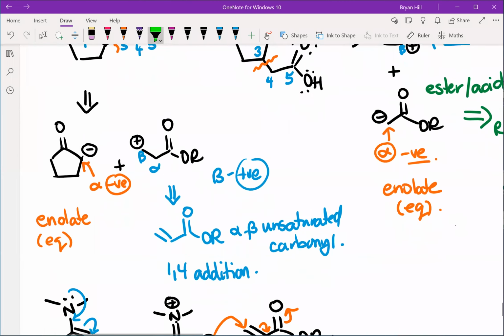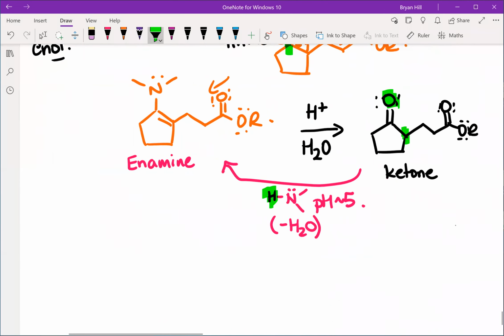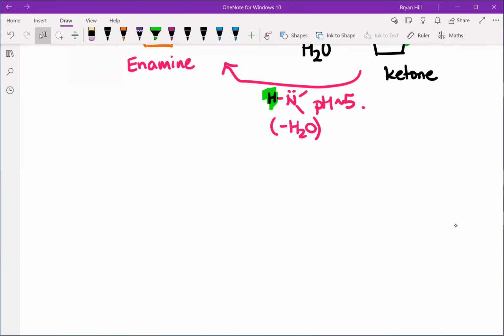That was basically the end of the whole retrosynthesis section. And there's a combination of, so two of the most powerful reactions that we've got are the 1,4 addition and using enolate equivalents.